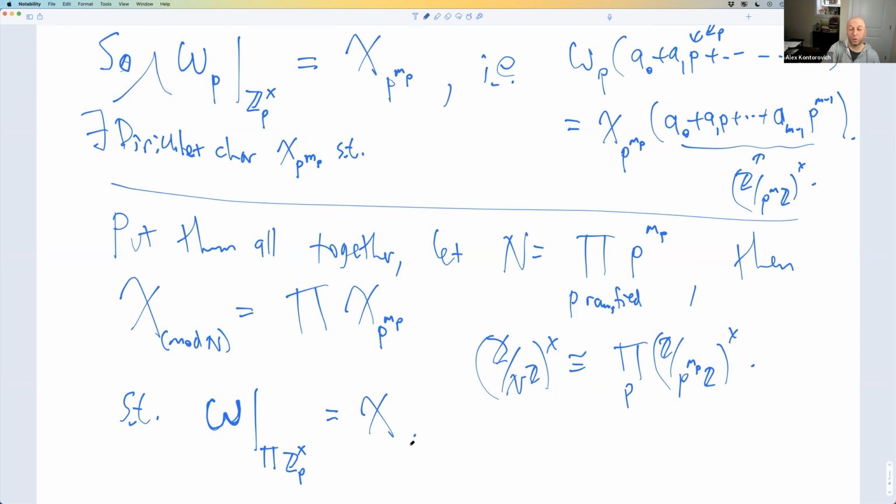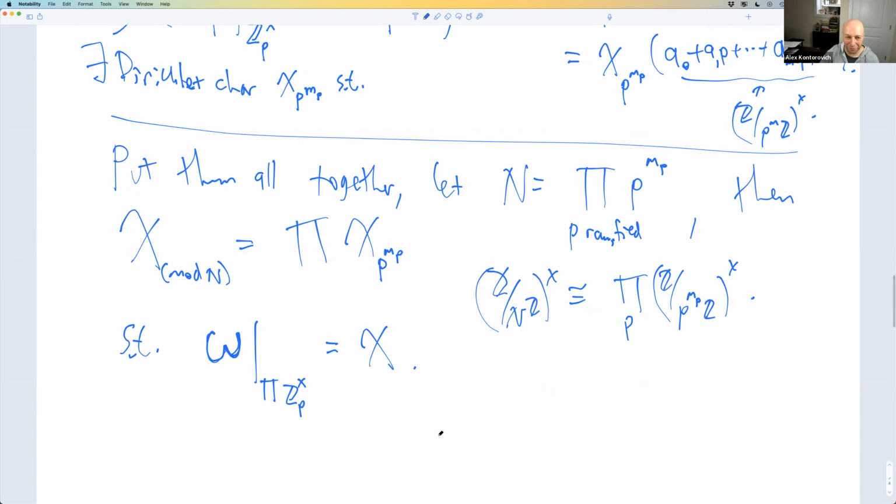Once you know what it does on all the units, you know what it does everywhere. Should I spell this out in more detail? The more detail you give, it just becomes notation after a while, as opposed to ideas. So hopefully the ideas are clear.